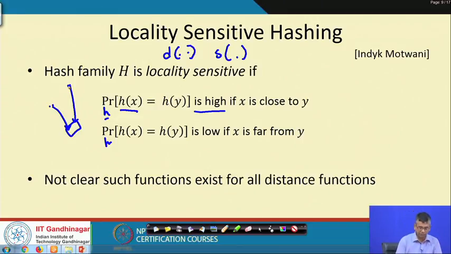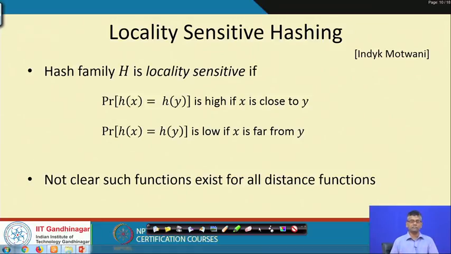And it is not even clear that such functions exist, because how do I know? There are many different similarity functions, we already saw a few, and many different distance functions, and how do I even know that it is possible to create such families?